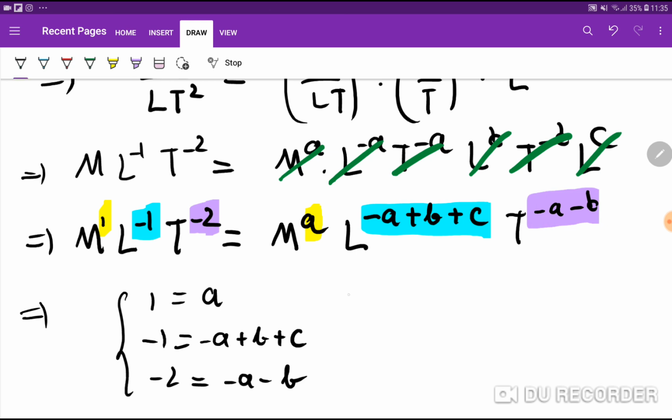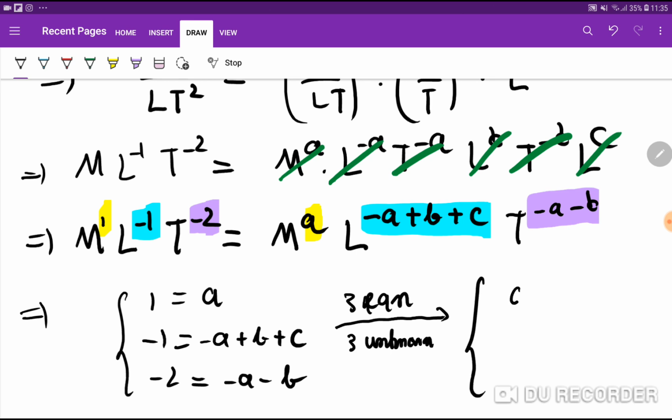If you solve this three unknown equation, you get a equal to 1, b equal to 1, and c equal to negative 1. Perfect.